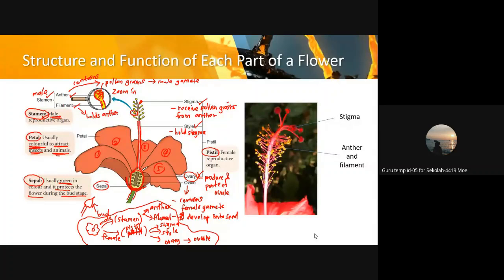We have not covered the pollination process yet. Tomorrow we will look at what pollination is. Remember, a flower has male and female reproductive organs. The male is called stamen, while the female is called pistil. Stamen consists of anther and filament, while pistil consists of stigma, style and ovary. So you must remember all their functions.